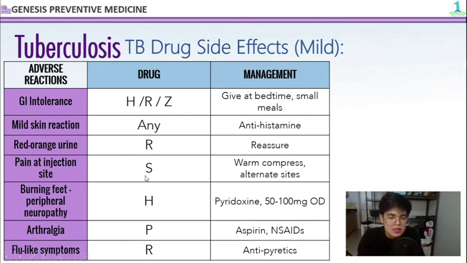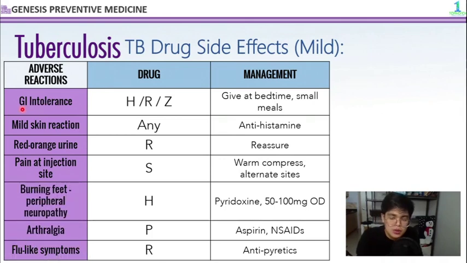So for mild side effects, the distinction of the mild and the major side effects is that in the mild side effects, discontinuation of the drug or the suspect drug is not indicated. So continuation with the TB treatment is done. So let's go through each one by one.